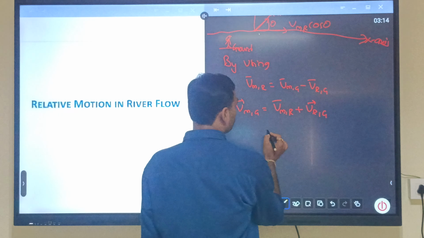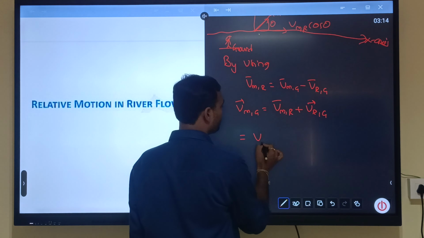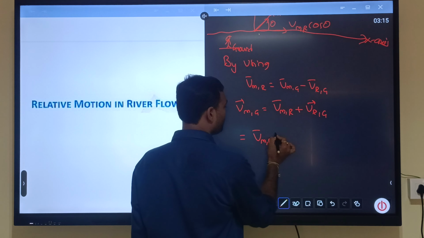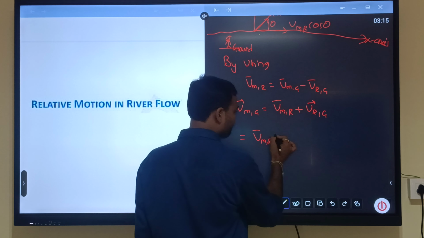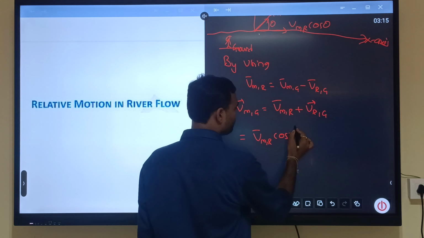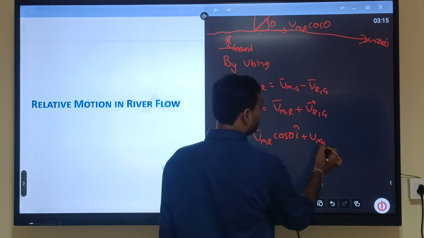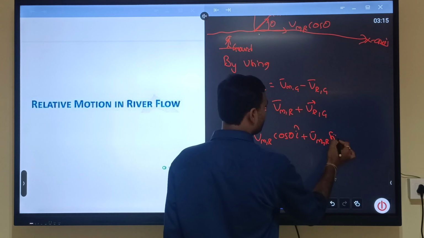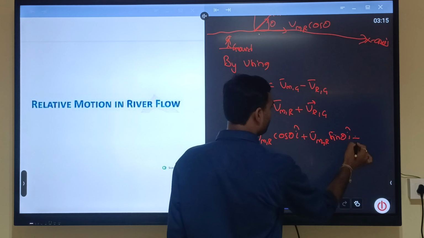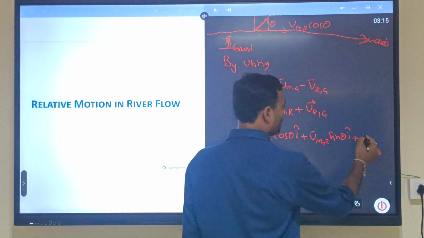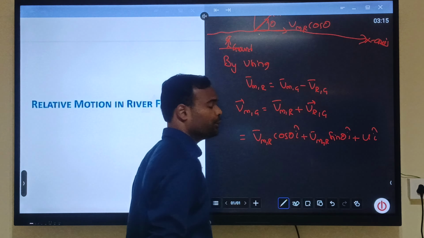Now velocity of man with respect to river is velocity of man with respect to river cos theta i plus velocity of man with respect to river sin theta j, plus velocity of river with respect to ground, which is u i.